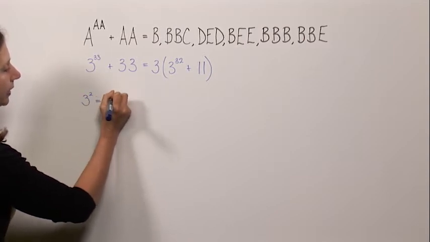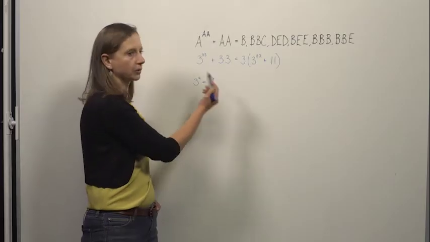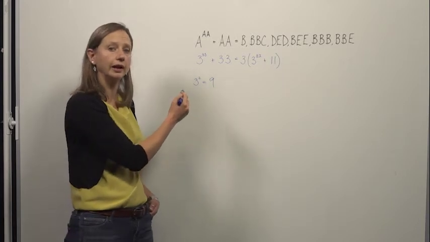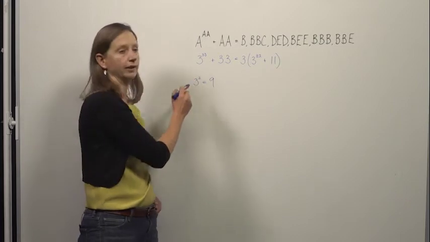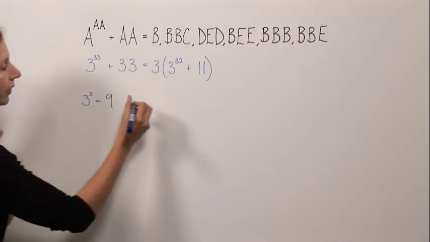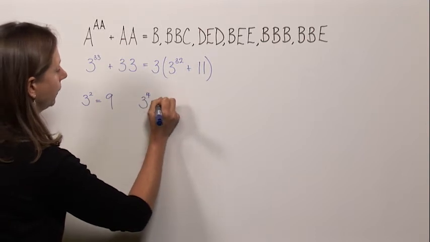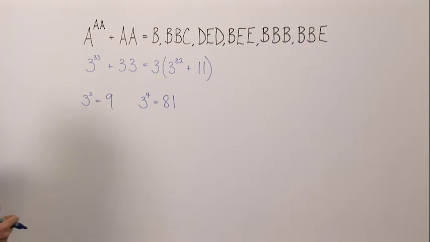3 squared is 9. Now I want to end up at 3 to the 32, and I could go through and multiply this by 3 each time, but that's going to take a very long time, and actually I can get to 3 to the 32 by squaring this. So if I square both sides, I get 3 to the 4 is 81, which is also a remainder of 81 when you divide by 100, obviously.